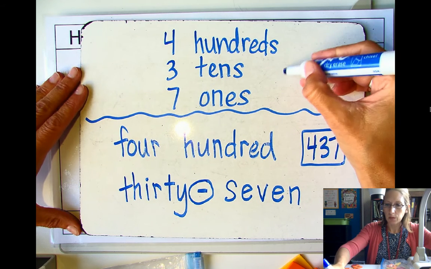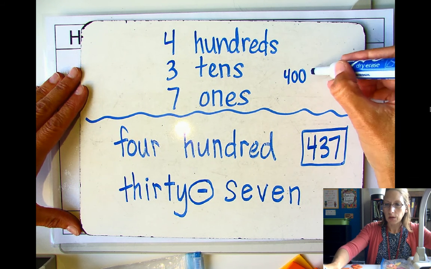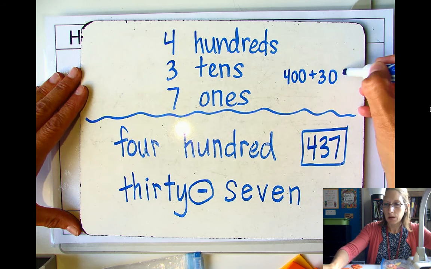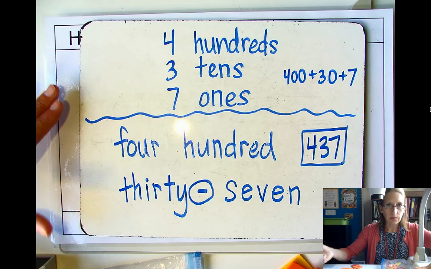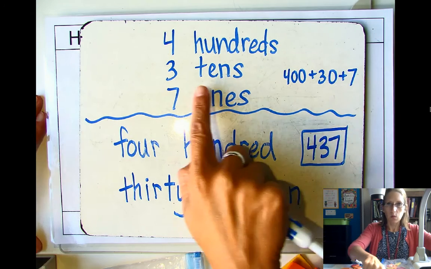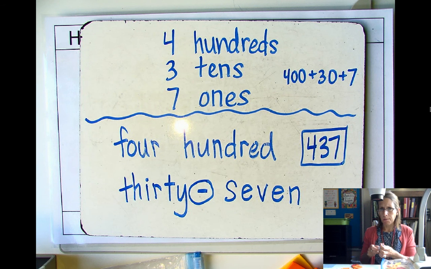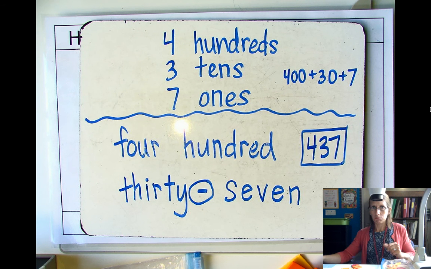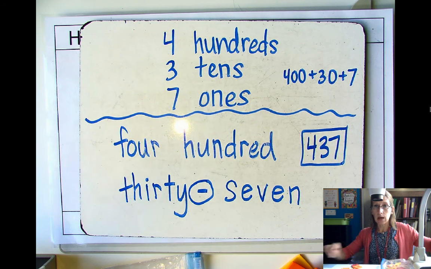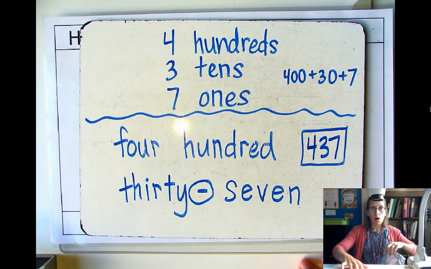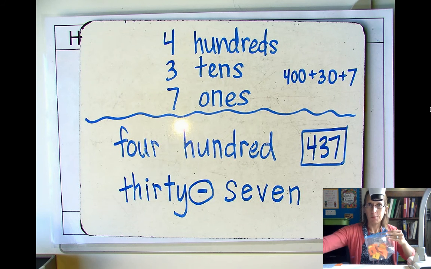If we write it this way, 400 plus 30 plus 7. Wow, so we have 4 different ways we could write this number. Are there other ways we could write this number, this amount? That would be a good challenge for us. Can you think of another way to write 437? You let me know if you think of something.